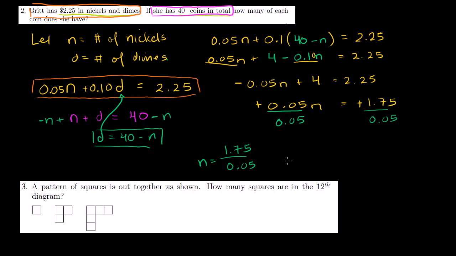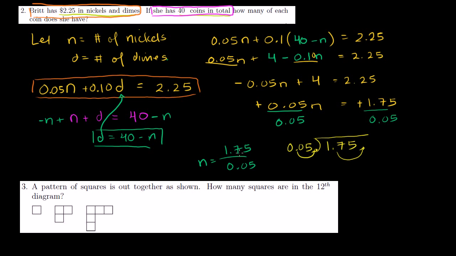0.05. So let's do this division. Let me do it in a different color. 0.05 divided into 1.75. Let's multiply both the divisor and the dividend by 100. So we're going to go over 2 decimal spaces. So this just becomes a 5. This becomes 175.